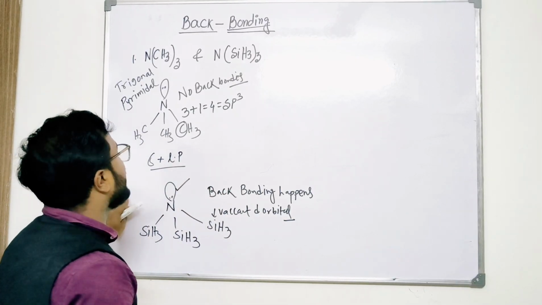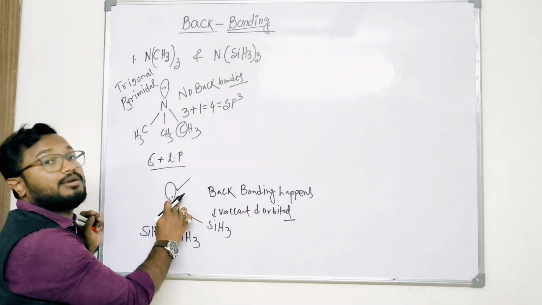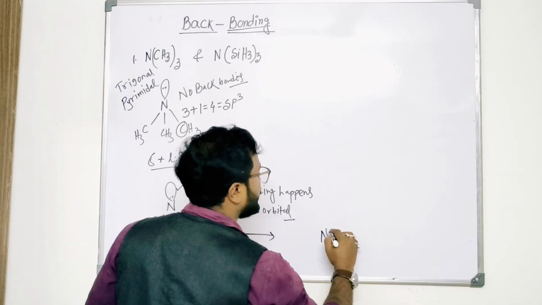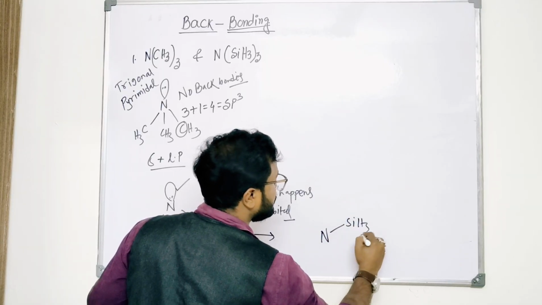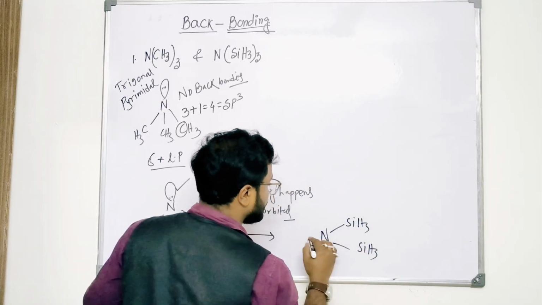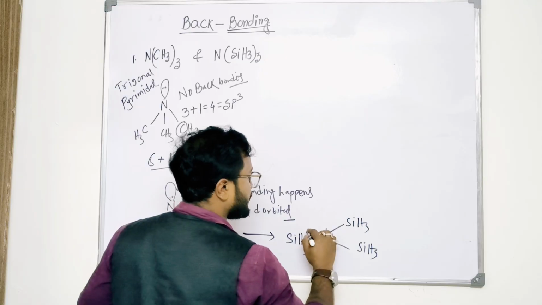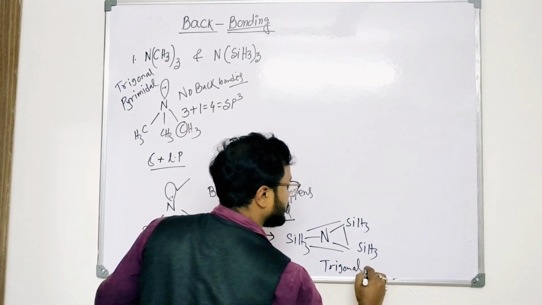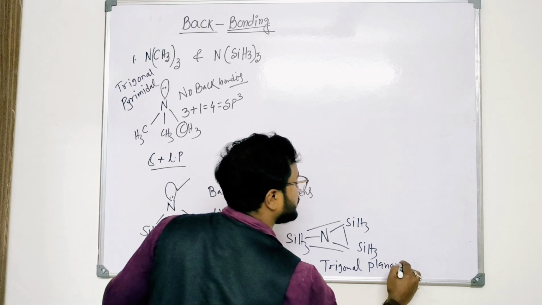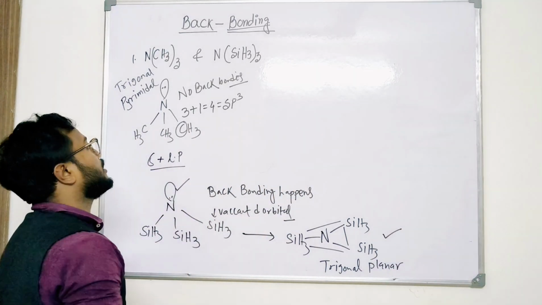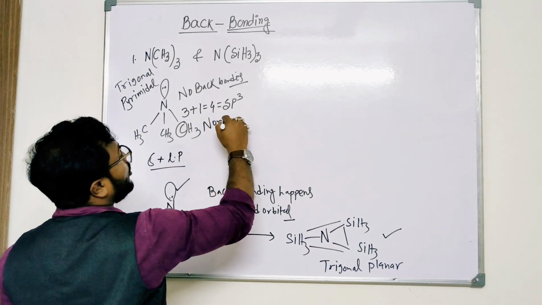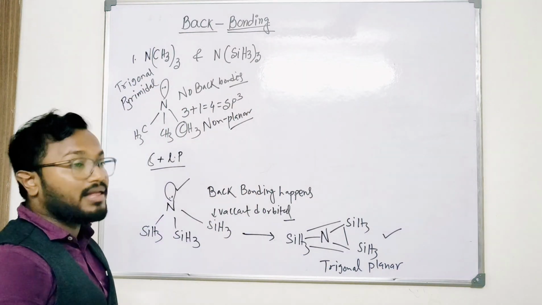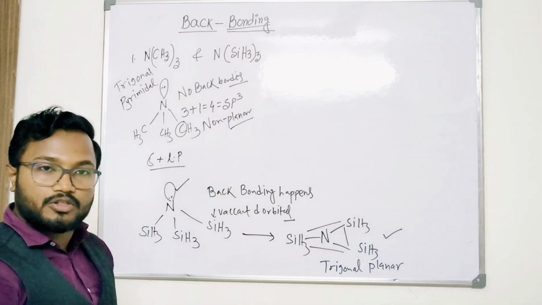As back bonding happens, the lone pair will be used and this compound will change its shape to trigonal planar. So this is a planar molecule, whereas the other is a non-planar, pyramidal molecule.